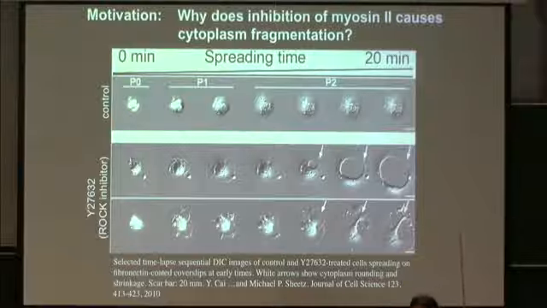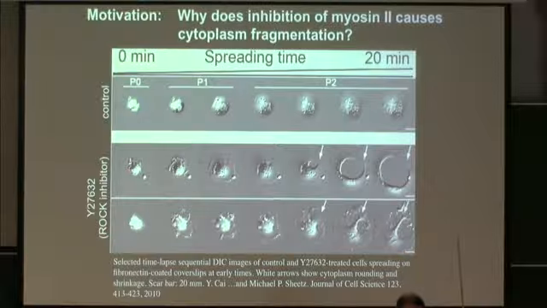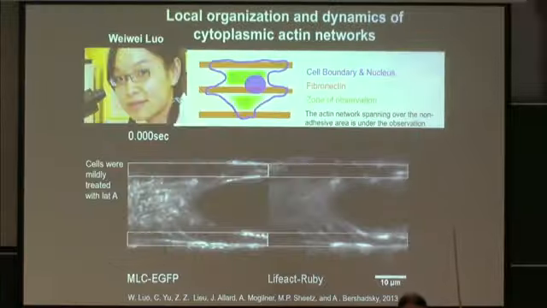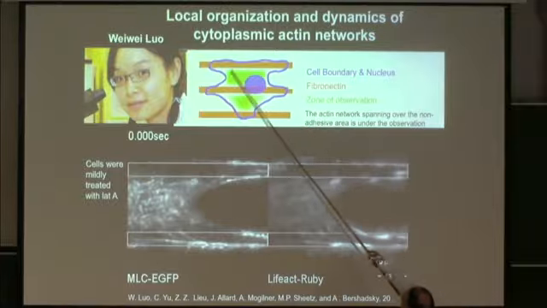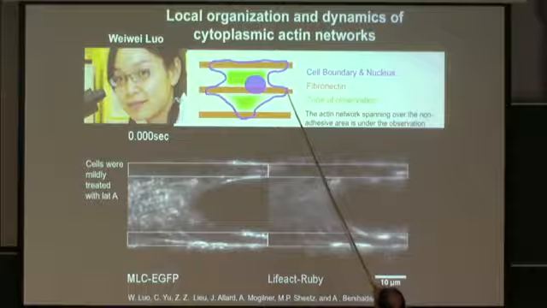So we decided, together with Mike Schitz, to look more precisely at the organization of this network that fills the whole cytoplasm. And for that we used a simple setup. We plated cells on narrow adhesive strips so that they form bridges above the strip.